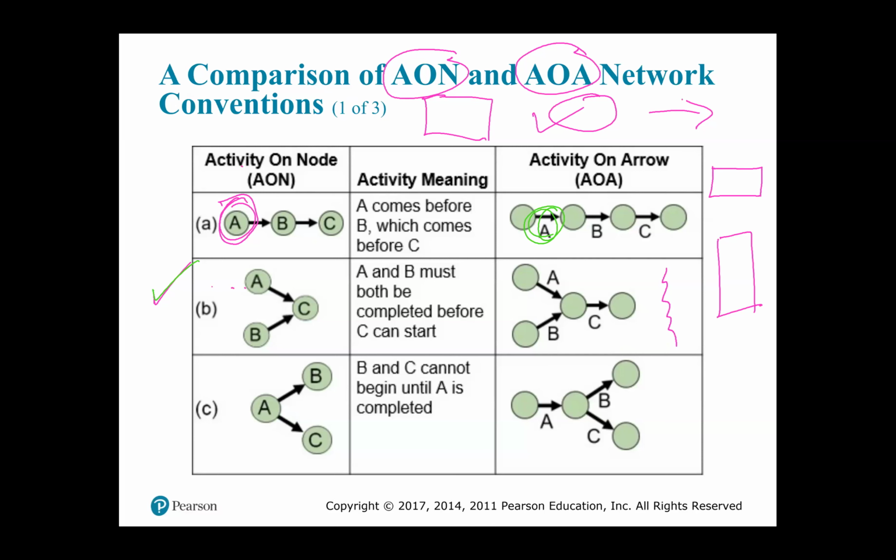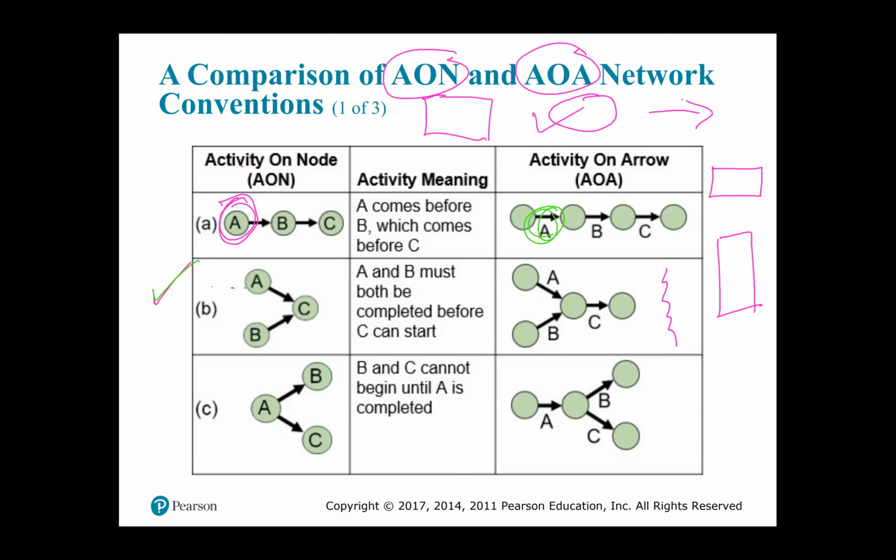Now, it shows you how different activities can be drawn. So it's just an example to show you how we would draw activity on arrow as opposed to activity on node. For the activity on arrow, we have to utilize sometimes what is called a dummy variable, and it can make things a little bit more complicated than we want to have it at this stage of the game.